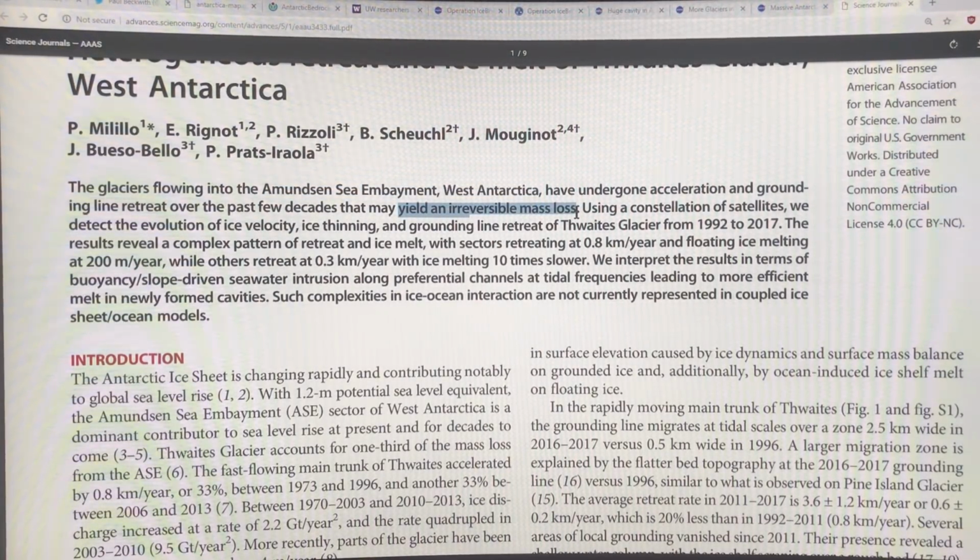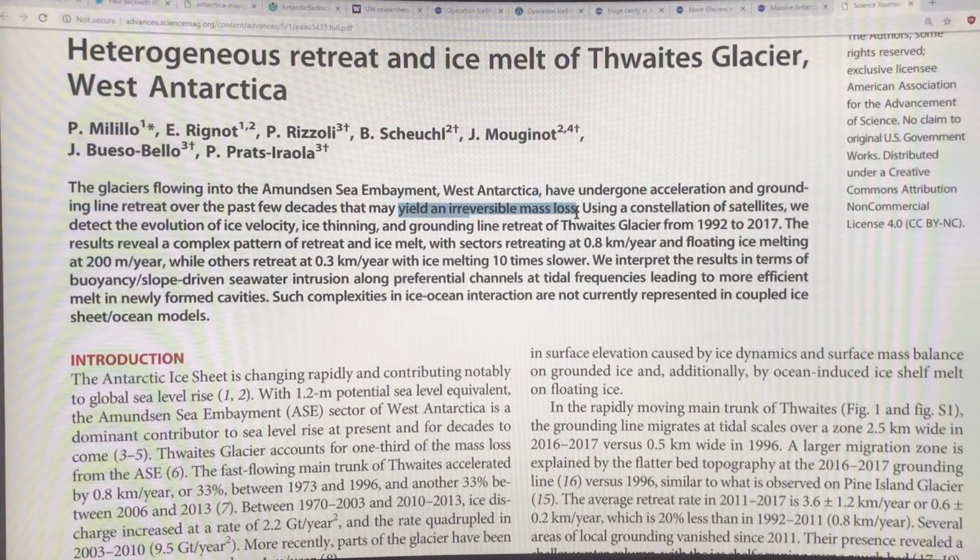Notice the strong language here, irreversible mass loss. The ice velocity, ice thinning, and grounding line retreat have been measured by a variety of techniques, including satellite and plane-flown radar altimeters and ground penetrating radars from 1992 to 2017.